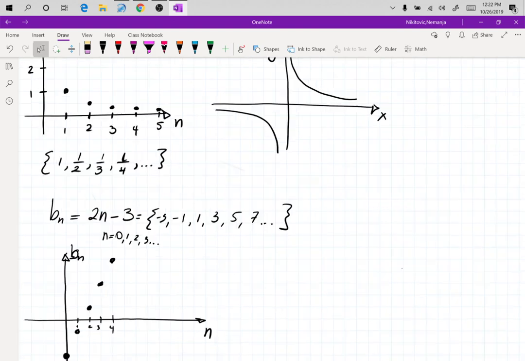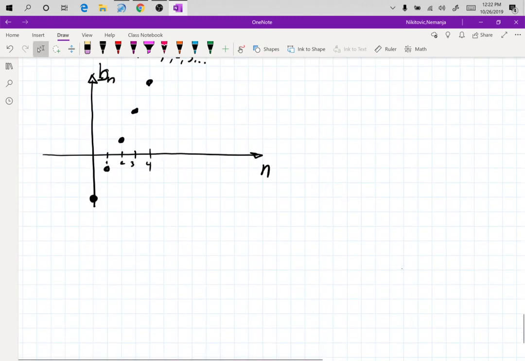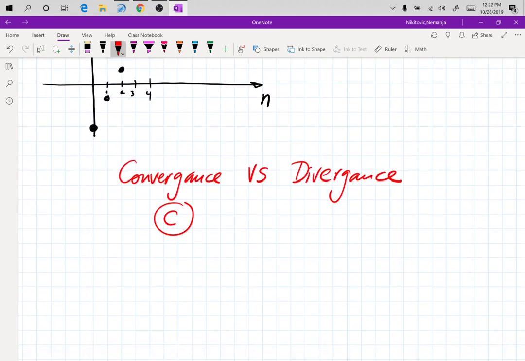So now we get into this convergence versus divergence, which we label C and D for simplicity.